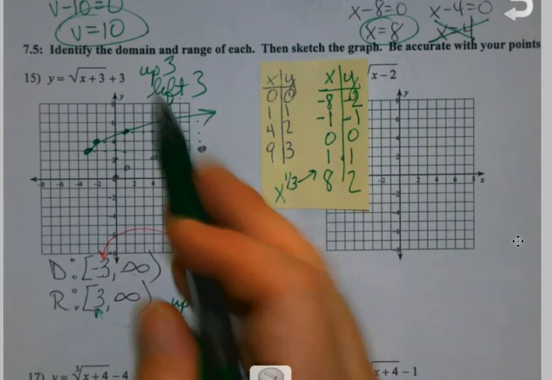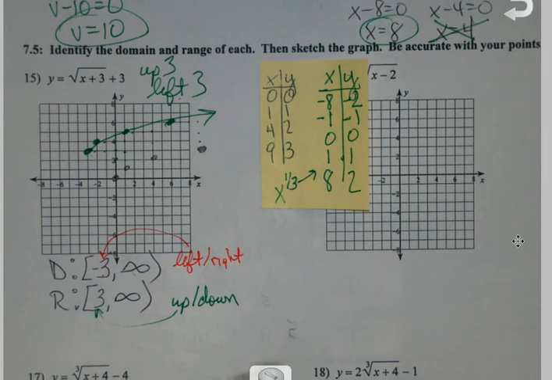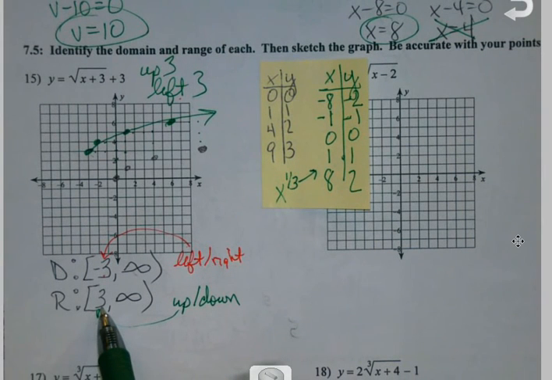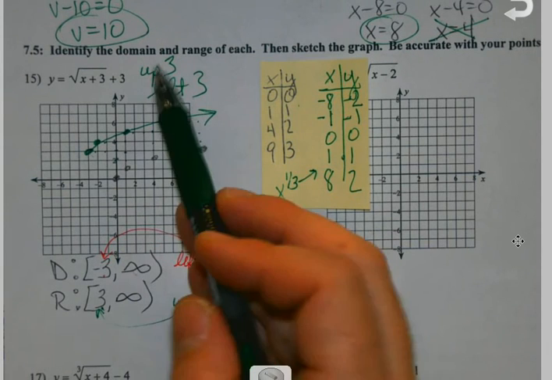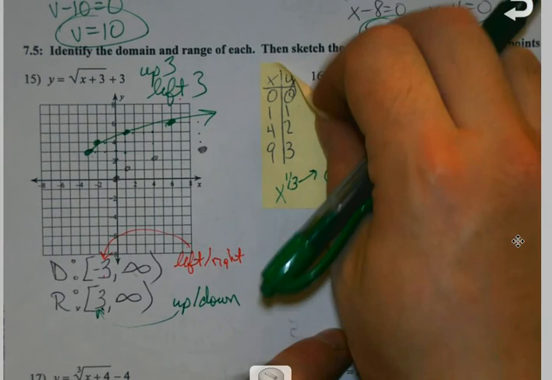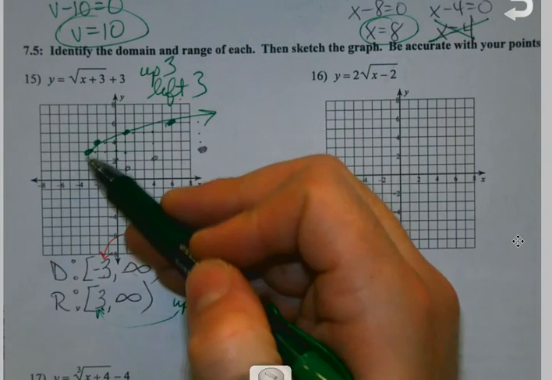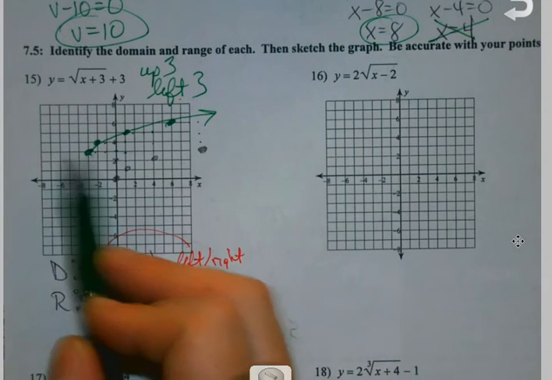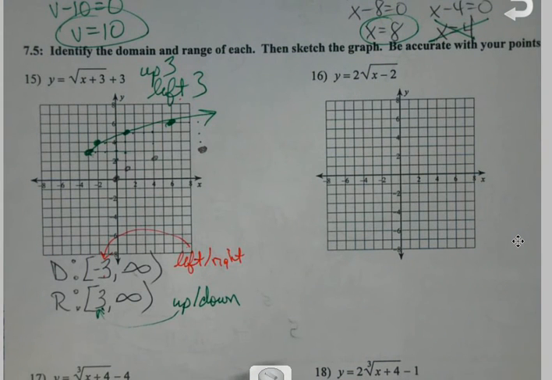I went up 3. When I go up on the y-axis, that's going to make my range go up. Because you're right, with our base graph, they do both start at 0. But if I have either of those, it makes my domain and my range move. And if you're not sure based on the shifts, just look at your graph. Where does it start? I can look at the values that way.